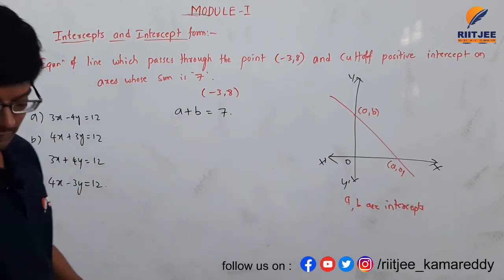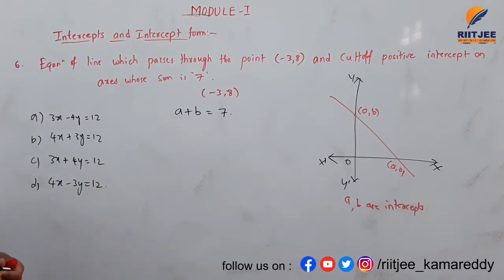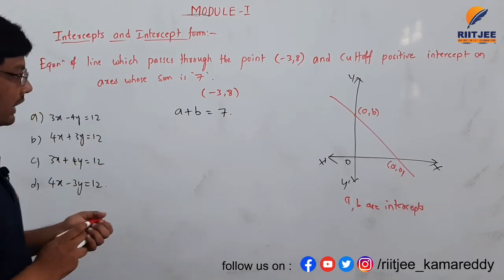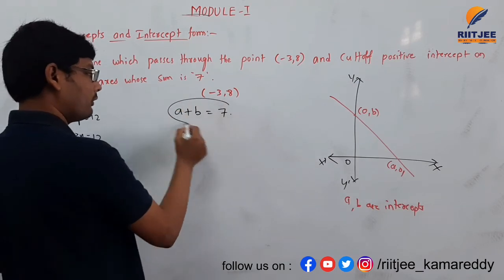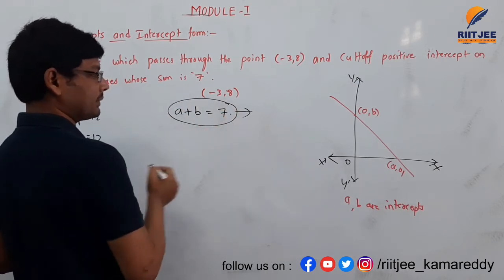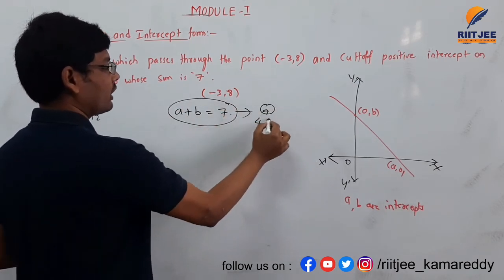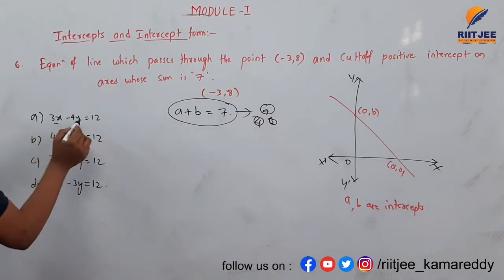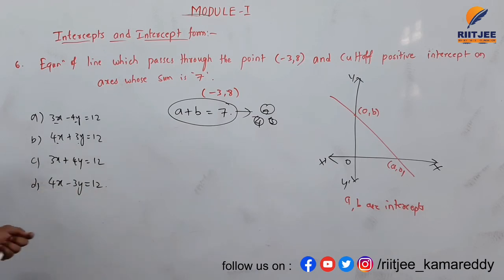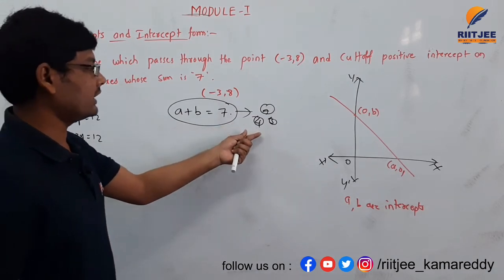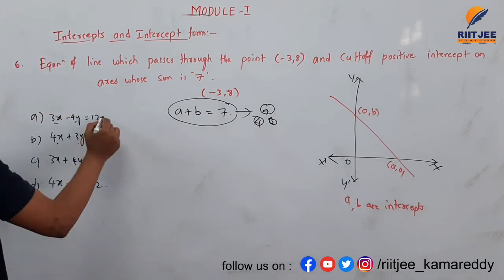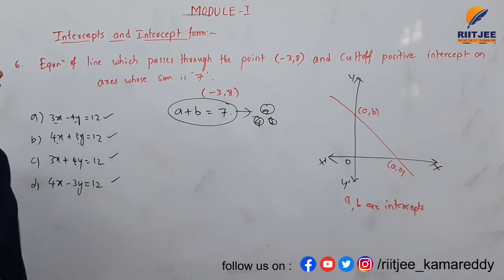See here, if the condition is given, there is no need to solve any problem. The sum of the two intercepts is 7, so it may be 4 and 3. Why? Because in all the options he has given 3 and 4 combinations.